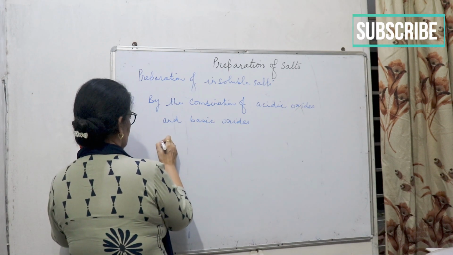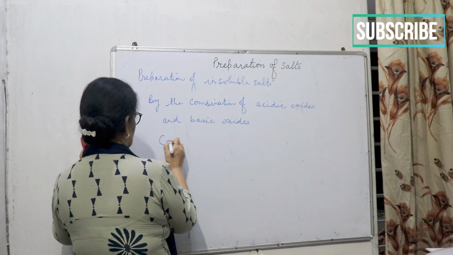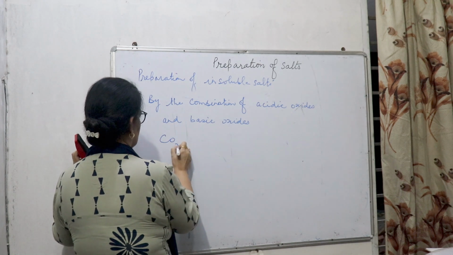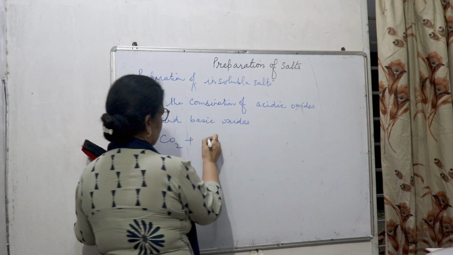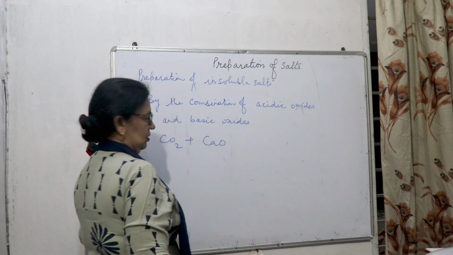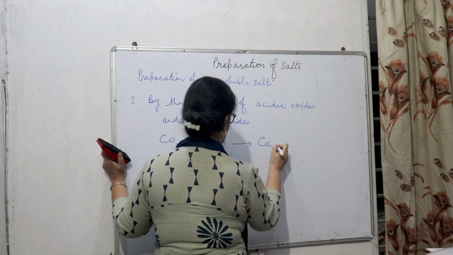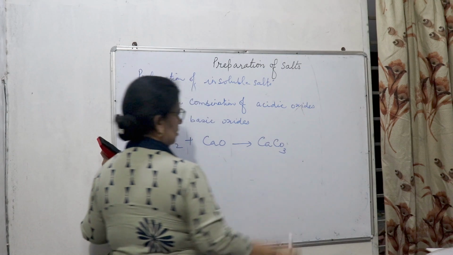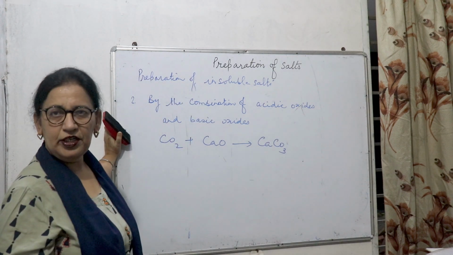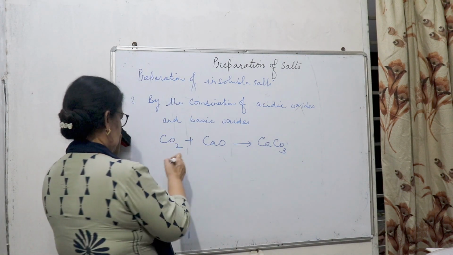So acidic oxide, that is carbon dioxide, basic oxide, that is calcium oxide, and gives the salt, that is CaCO3. Calcium carbonate, that is insoluble salt.